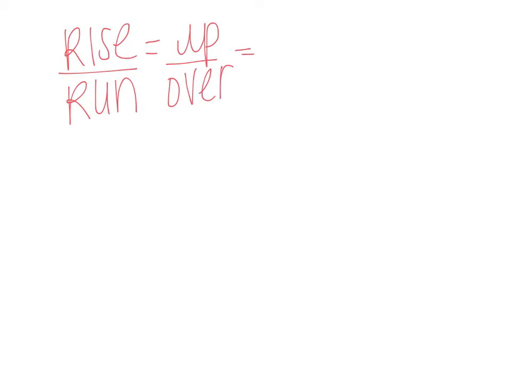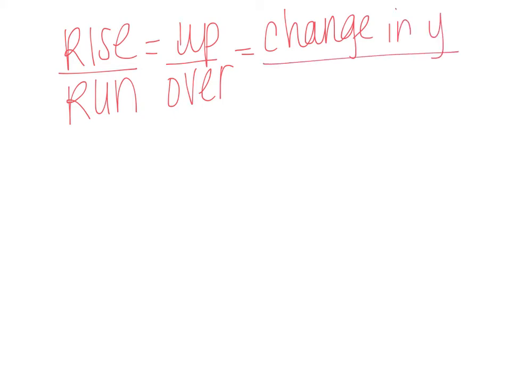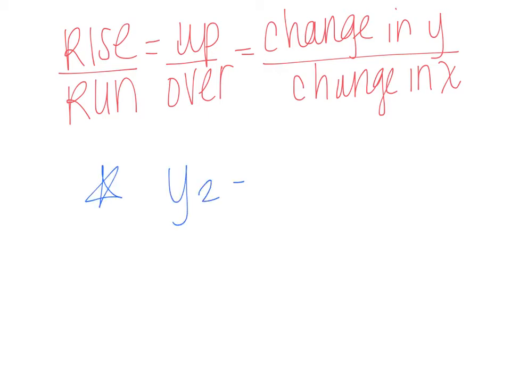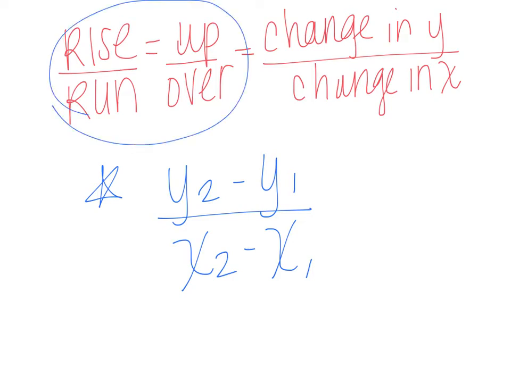This also means change in y, because the y is the vertical line, over change in x. So the formula that you need to get down is y2 minus y1 over x2 minus x1. We are really going to be using the rise over run and this equation to find slope.